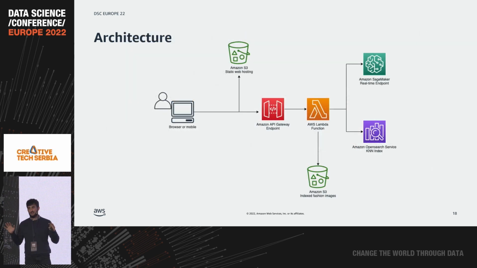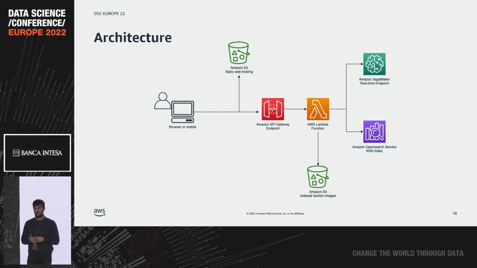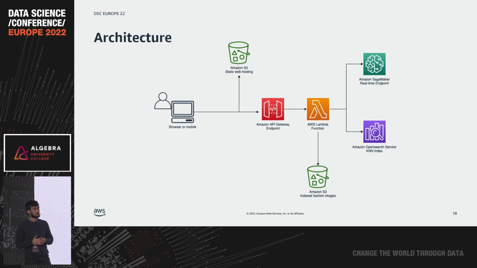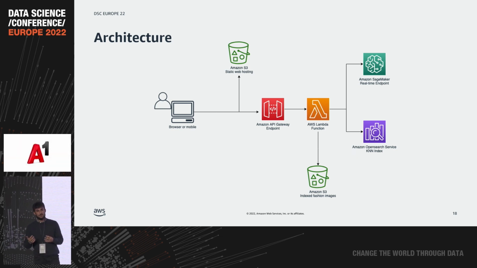Now, this is a high-level architecture, end-to-end. This could be if you want to create a website that has the similarity search implemented. You could have the user, who is going to interact via the browser. So the front end can be composed of static content, so HTML, CSS, JavaScript, that is going to get loaded into your browser, and you're going to use it to interact with the application.